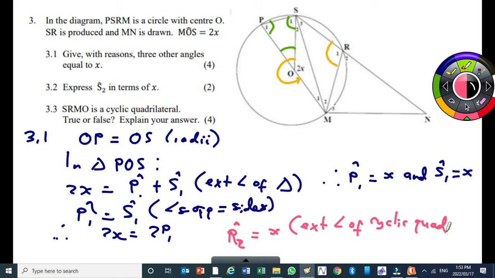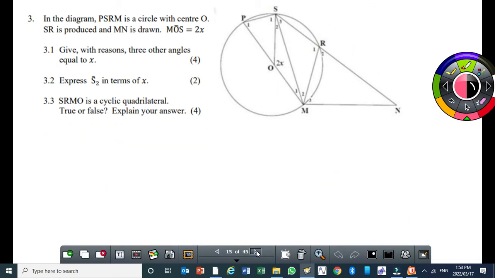Okay, let's move on to 3.2. Here we now need to express S2 in terms of x, which is part of what I just said. It's probably easier now because we know what P1 is, so 3.2 is going to be very easy. S1 plus S2 add up to 90 degrees, and the reason will be angle in a semicircle.